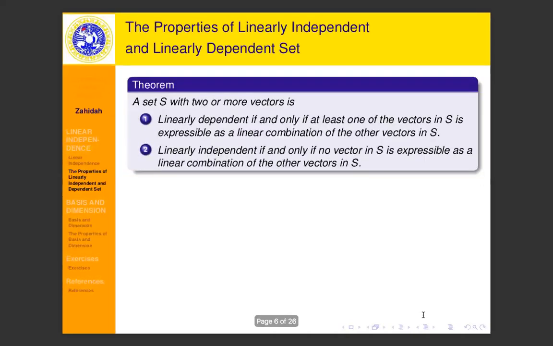Okay, we have a property here. We have set S with 2 or more vectors.